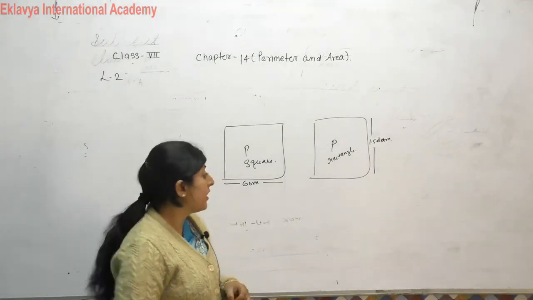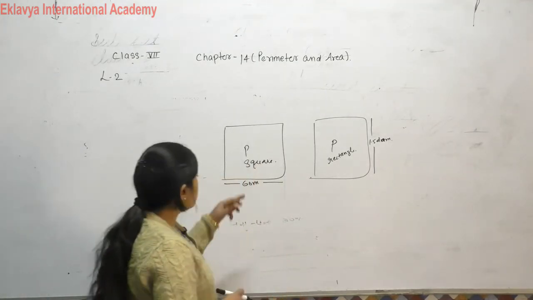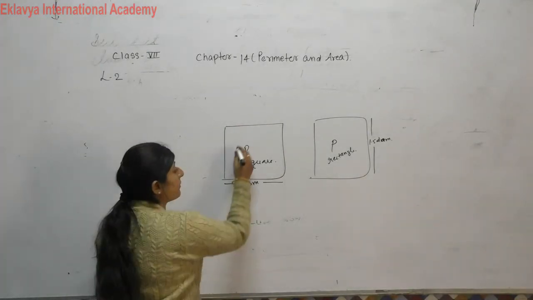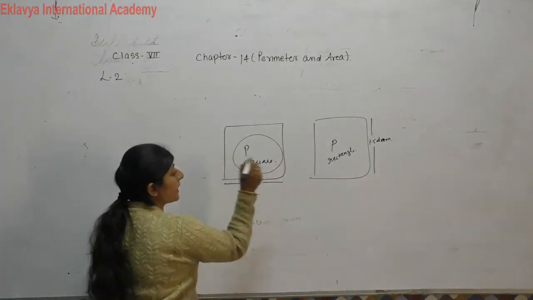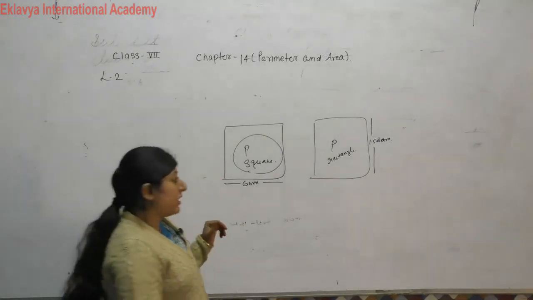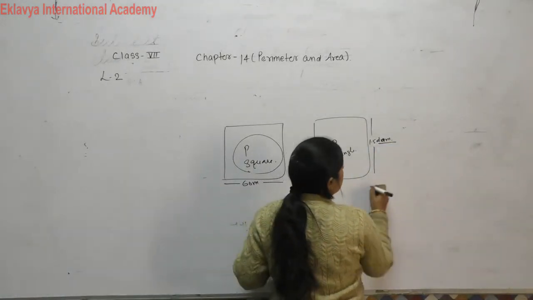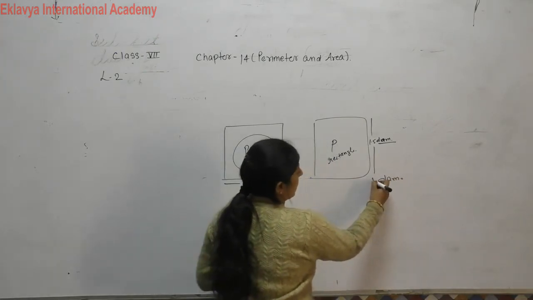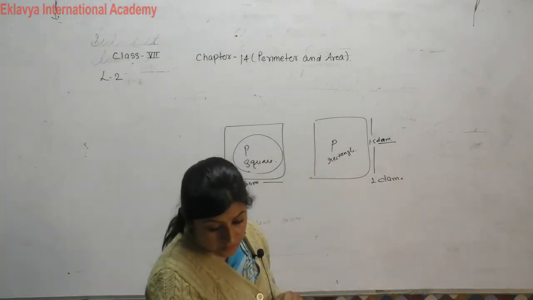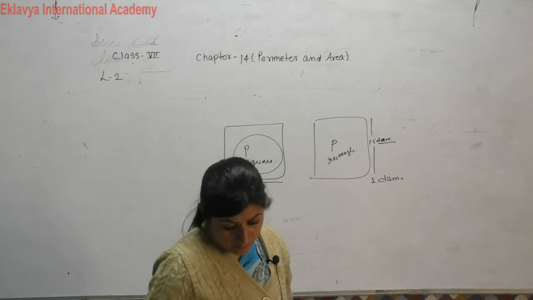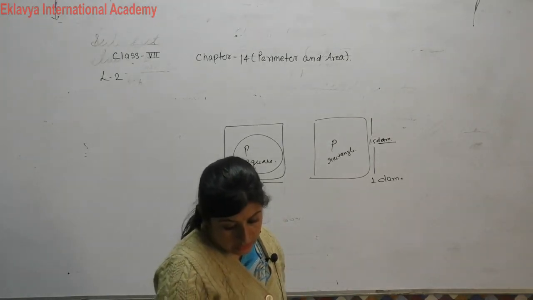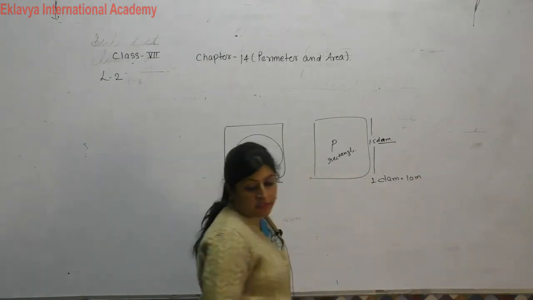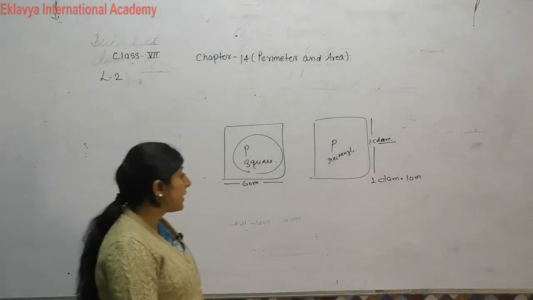कितने से? Okay, firstly see, perimeter of a square is equal to perimeter of rectangle. In this we are using decameter, तो ये ध्यान रखना, 1 decameter is equal to 10 meter.